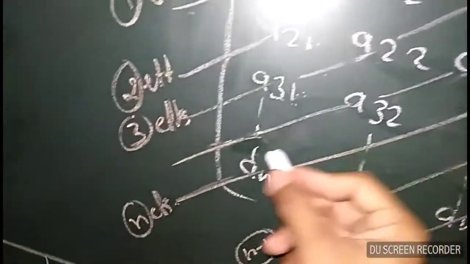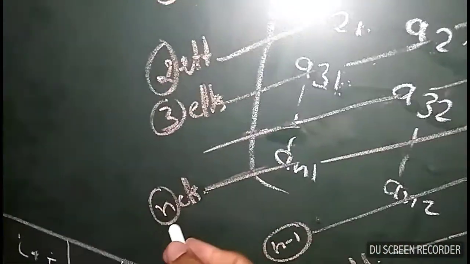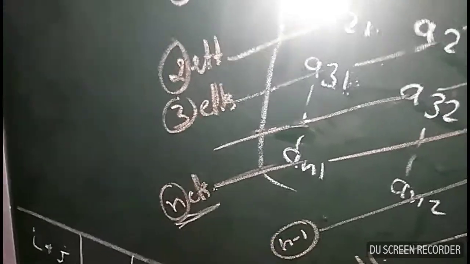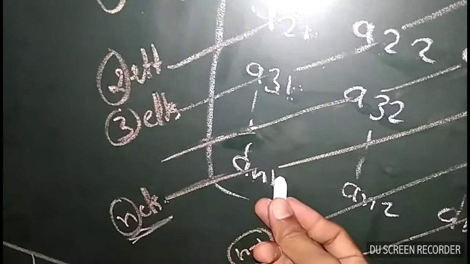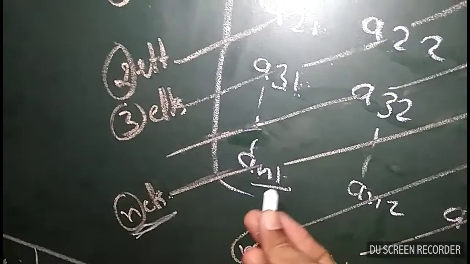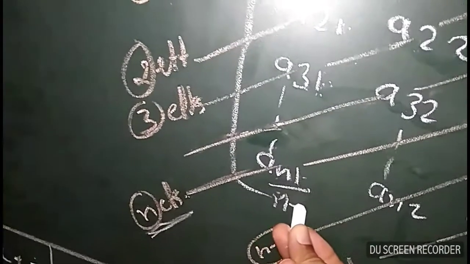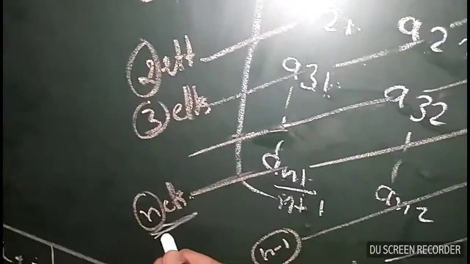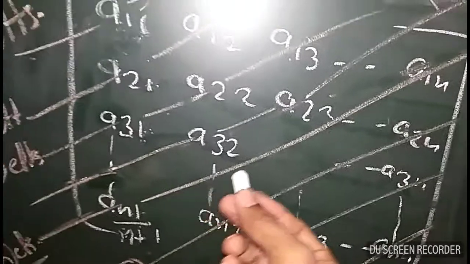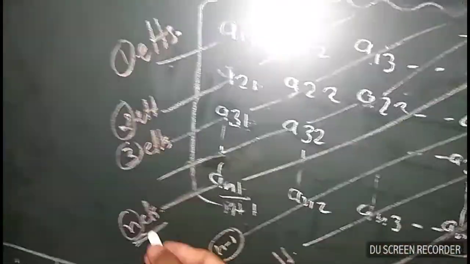On the principal diagonal, the sum of row number and column number is equal to n plus 1, and there we obtain n elements in this diagonal.